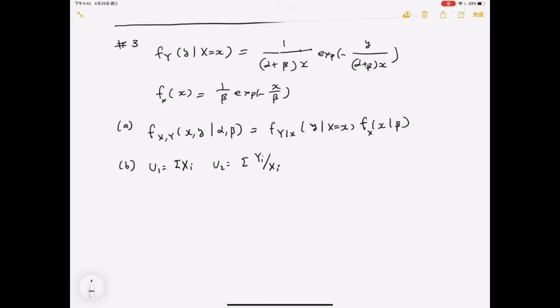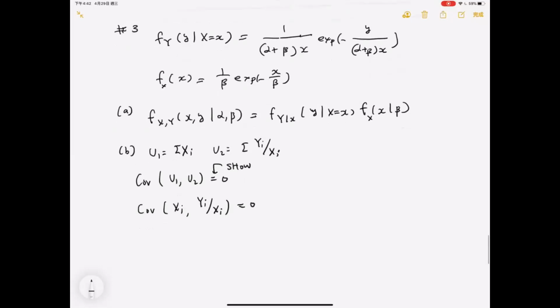Then you are going to show that the covariance between U1 and U2 equals 0, that they are uncorrelated. Because this is an iid setup, it eventually comes down to showing that these two are uncorrelated. Okay, then how to show this?